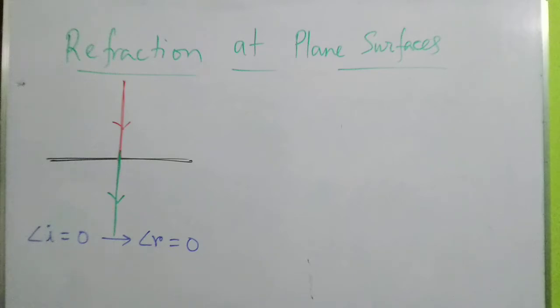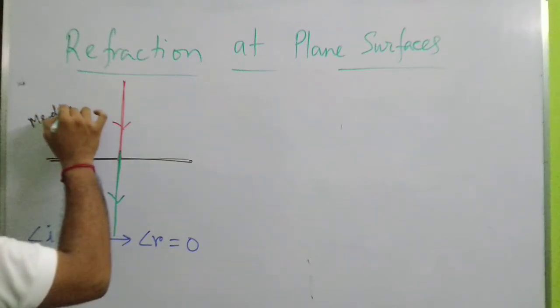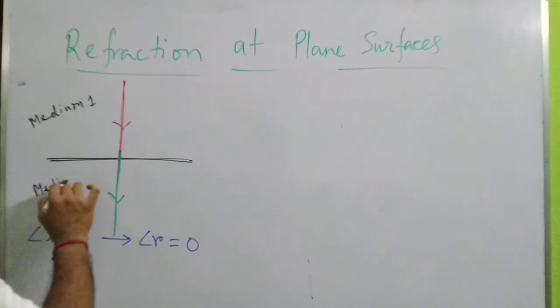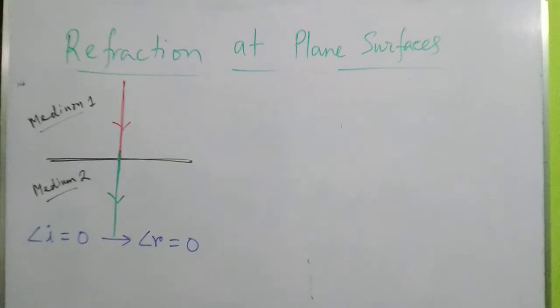So this is a case when no refraction of light takes place, although these two mediums are separate. Say this is medium 1 and this is medium 2. Both are different media, but still no refraction takes place as the incident light is falling perpendicularly.